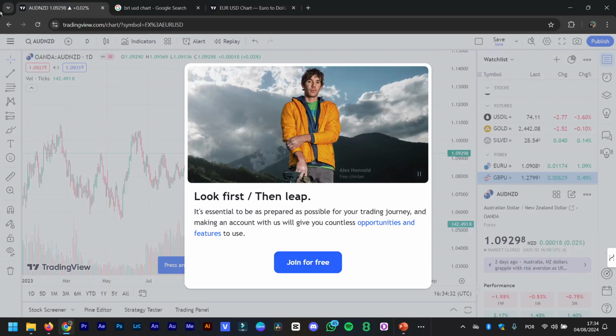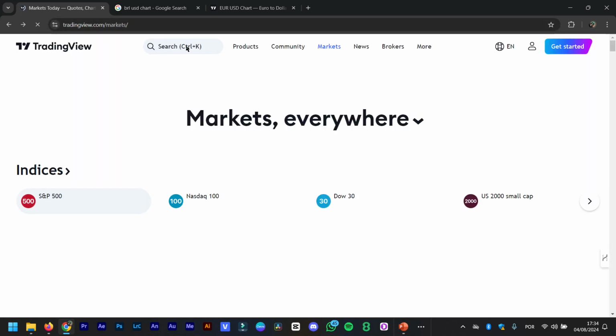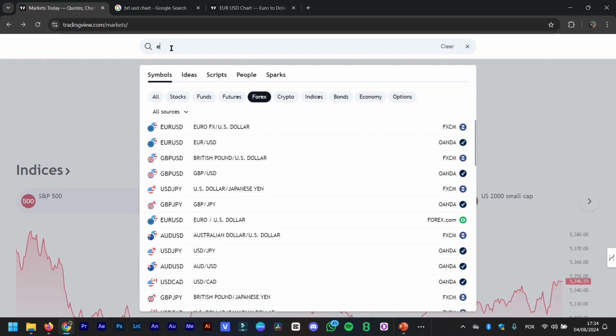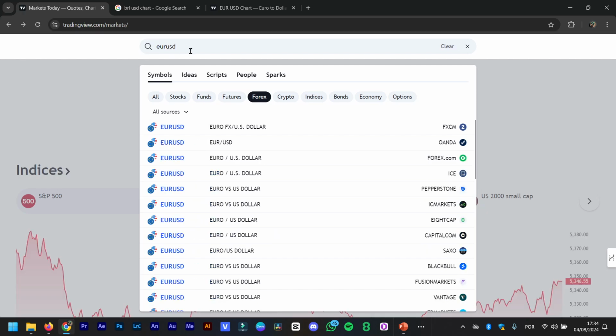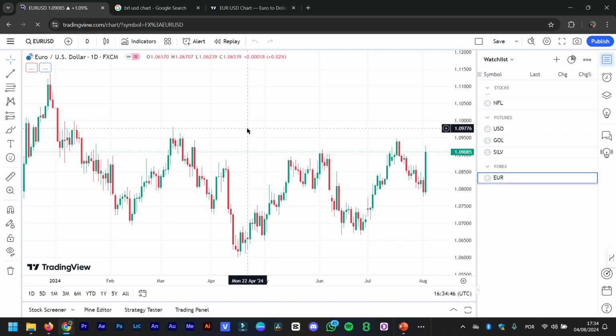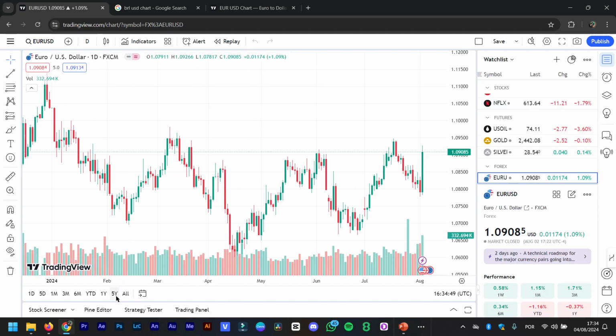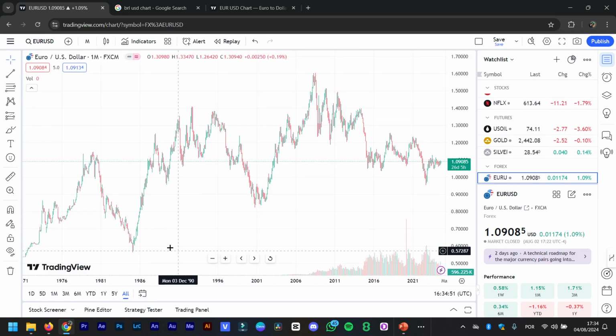So let me just go back here again. Let me show something to you. So EUR/USD, for example. As you can see, let me put on all. This is the interval.